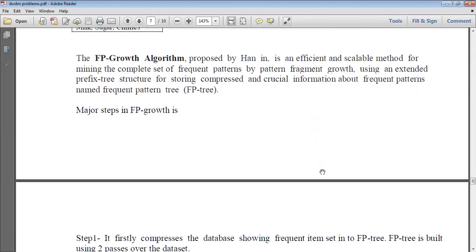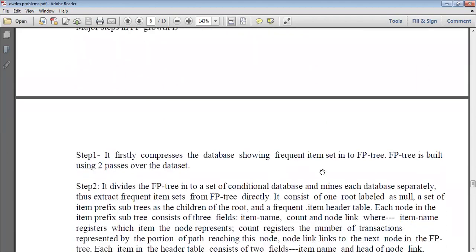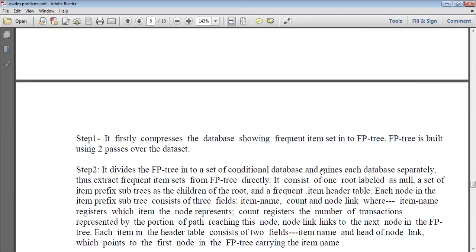What are the steps in FP growth? Mainly, you have two steps. First, the database showing the frequent item sets in the FP tree is built with two passes over the data set. Only two passes are performed here. Second, it divides the FP tree into a set of conditional databases and mines each database separately.